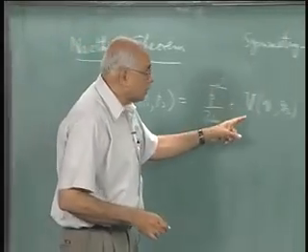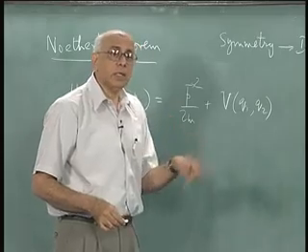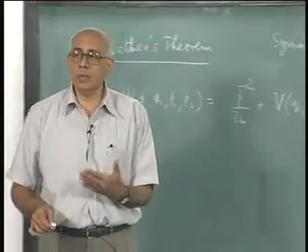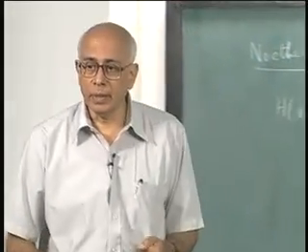Now of course if this potential has circular symmetry, which is the two-dimensional analog of rotational symmetry, then we know that the system is invariant, the Hamiltonian is invariant under rotations in the plane.